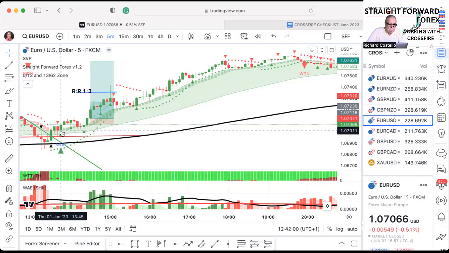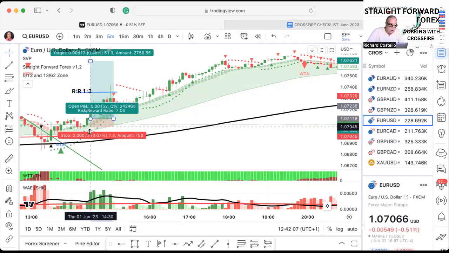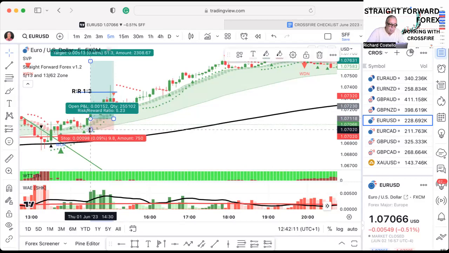So that's an ideal stop loss, but it's a bit on the large side. So if I pull this down just to measure, that would be 9.8 pips.